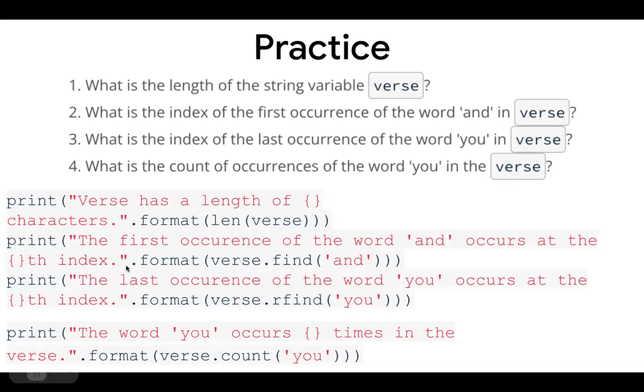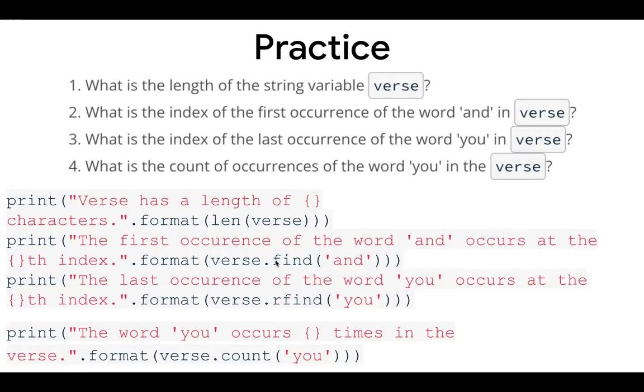The first is we use the len, as you already said or written, but they didn't use just print, because they wanted to have the full answer. They wrote verse has a length of something characters, and then using the format method, they put the answer, the output of the len function, here.